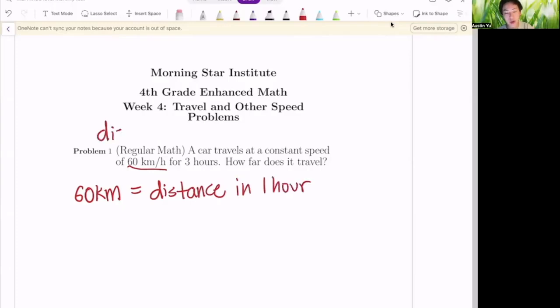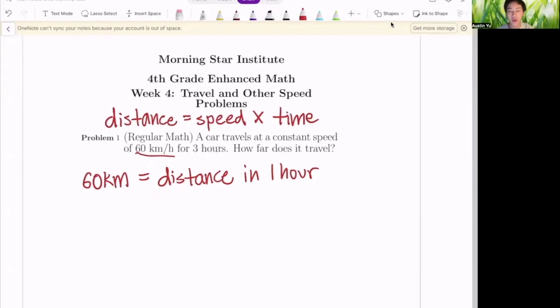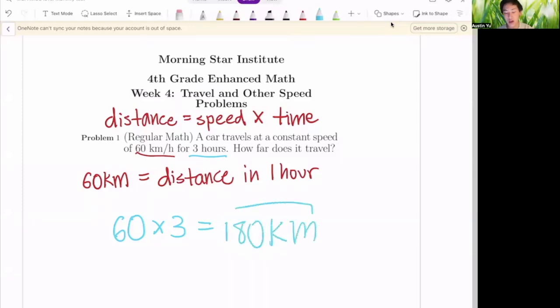And we also know that distance equals speed times time. If in 1 hour it travels 60 kilometers, then all we have to do is multiply 60 by 3, since it travels 3 hours constantly, which means that the total distance is 180 kilometers.